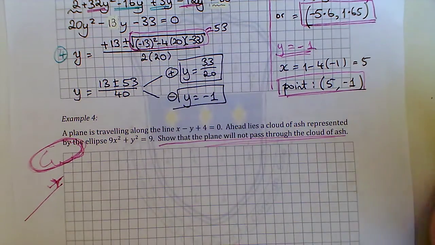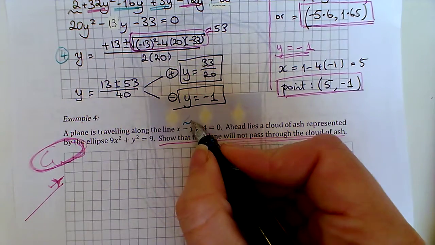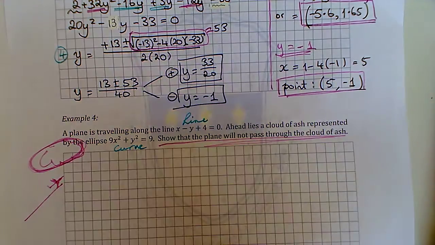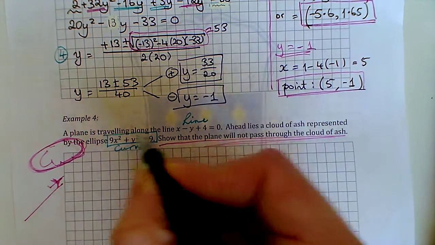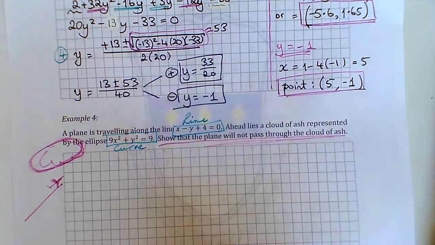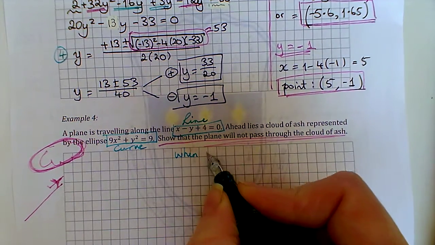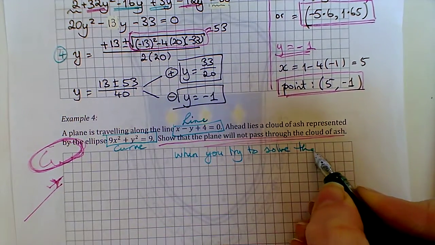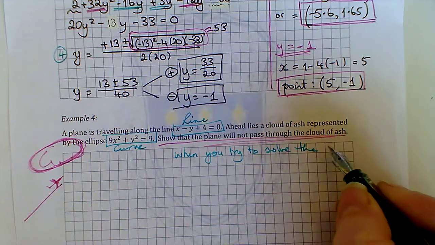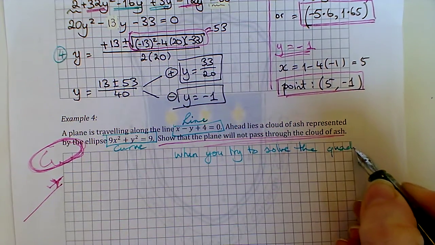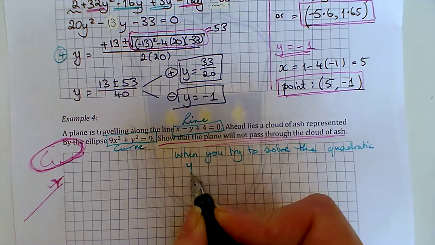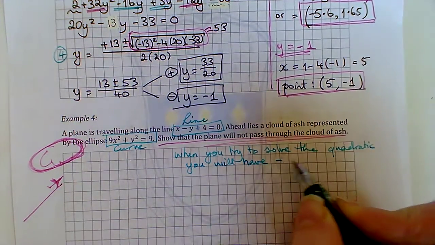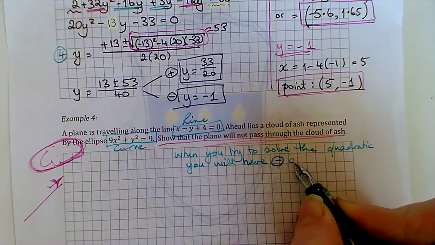So I have my line. Here I have my linear equation, and I have my curve here. And they've asked me to show that they will not intersect. So that means that when you try to solve the quadratic, you will have a negative discriminant.